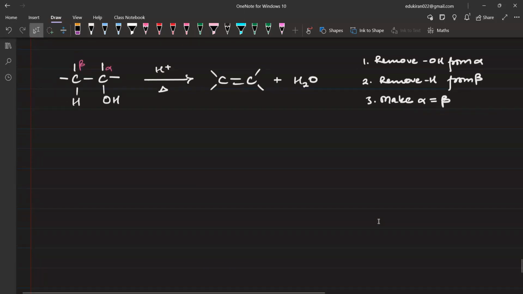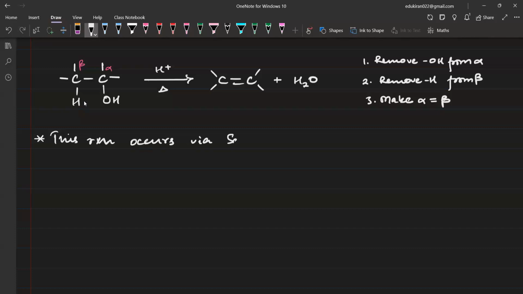ठीक है? Now this also occurs via Saytzeff rule. This reaction occurs via Saytzeff rule.